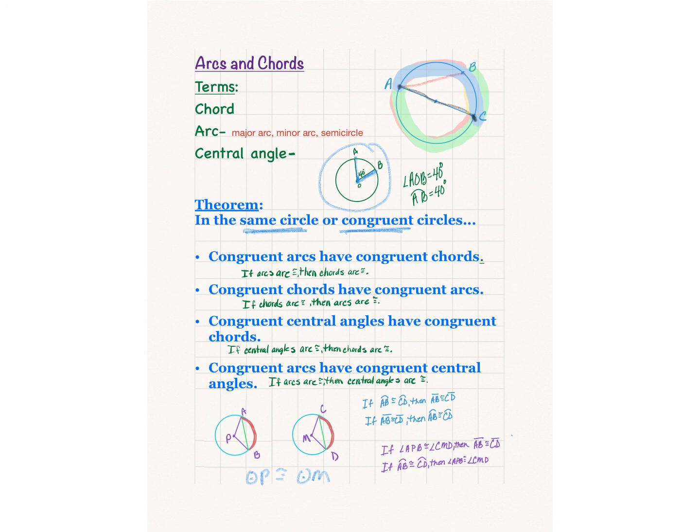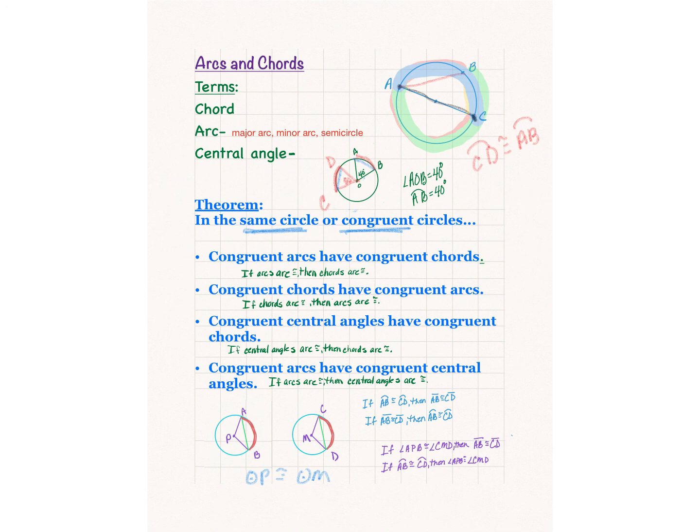So if I wanted to look at this one in this circle up here, what I could say if I'm talking about congruent arcs and congruent chords is that in this circle, if I were to draw another central angle that is 40 degrees, let's call this C and D. If I told you that arc CD, that's how we would do that, is congruent to arc AB, then you would know that the chord from C to D and A to B are also equal.